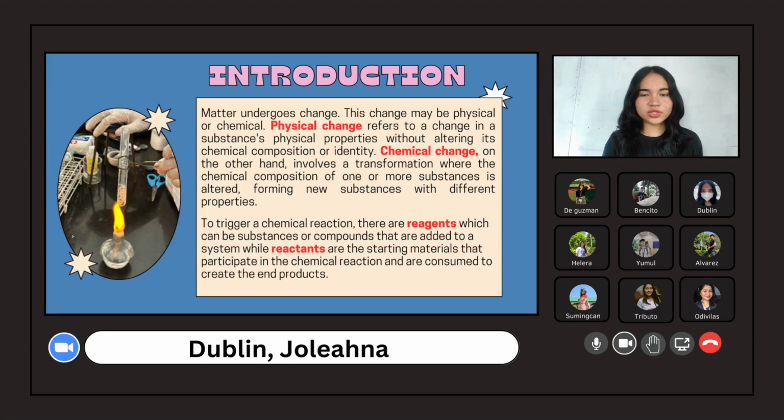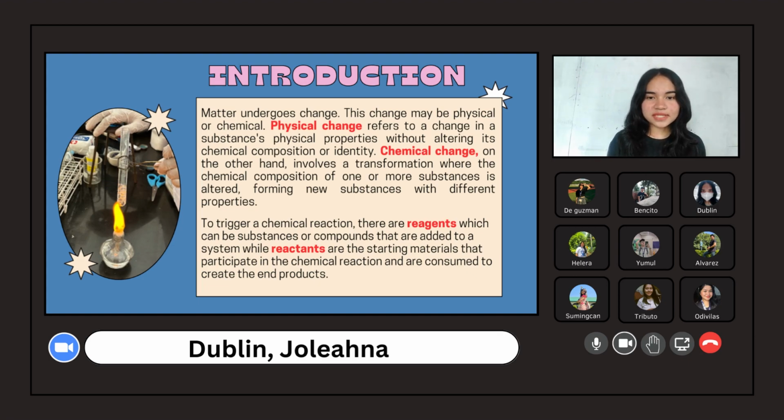A chemical change, also known as a chemical reaction, involves a transformation where the chemical composition of one or more substances is altered, resulting in the formation of new substances with different properties. During a chemical change, there is a rearrangement of atoms and molecules at the molecular level.